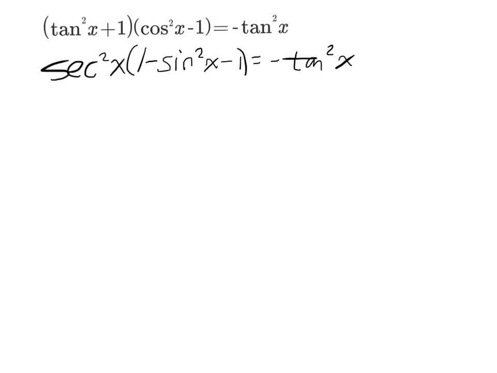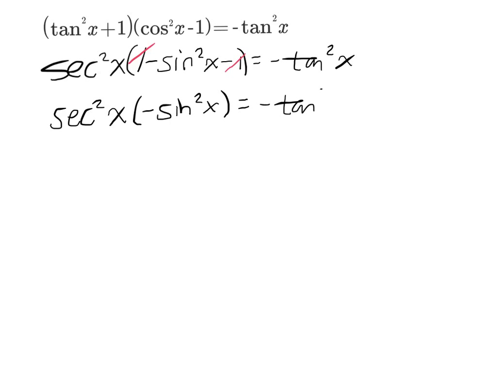Okay, next. These ones cancel. So now we've got secant squared times negative sine squared equals negative tan. Okay. Getting a little closer. Secant squared is 1 over cos squared.